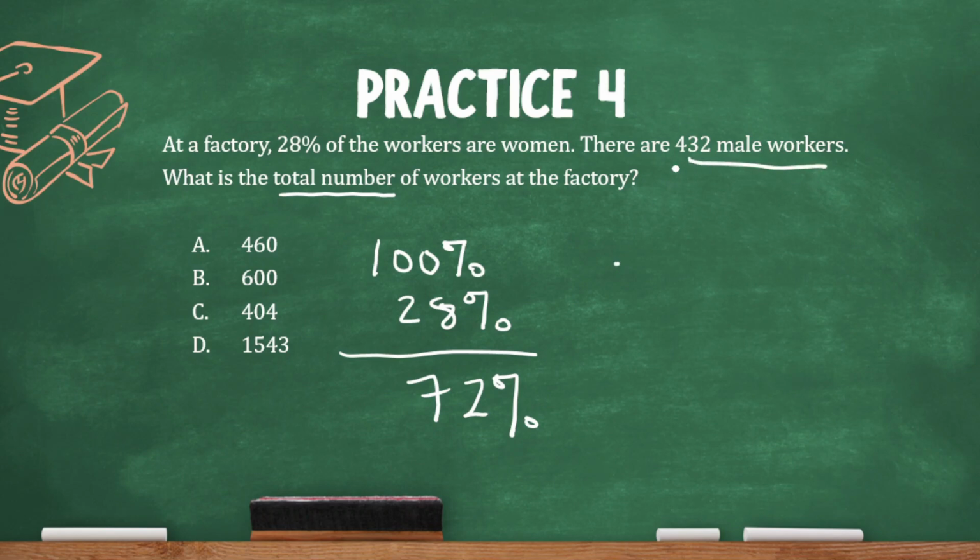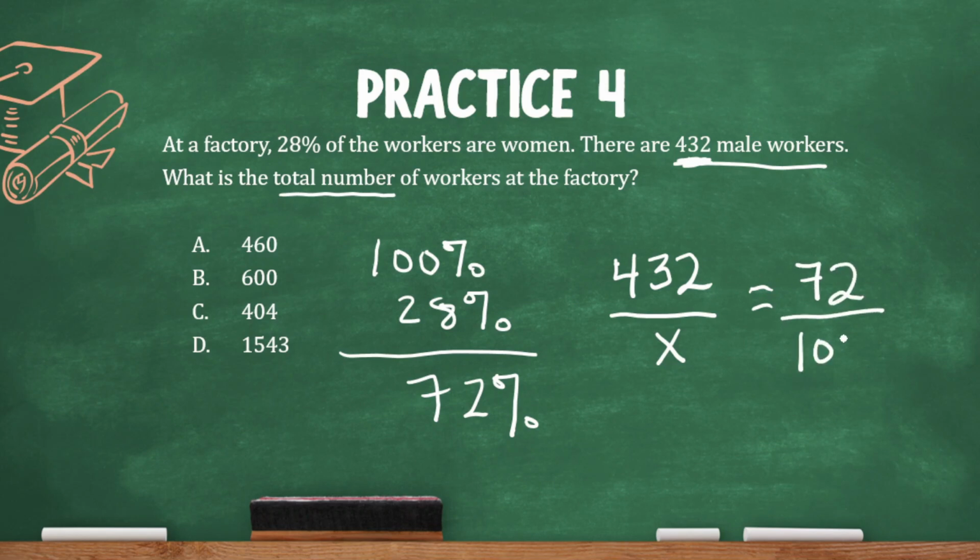Any percent is a part divided by a whole. So the part that we have here is the male workers. So 432 over the whole that we don't know is equal to 72%, or 72 over 100. So if you recognize this from a couple problems ago, we've set up another proportion and we can solve it the same way.